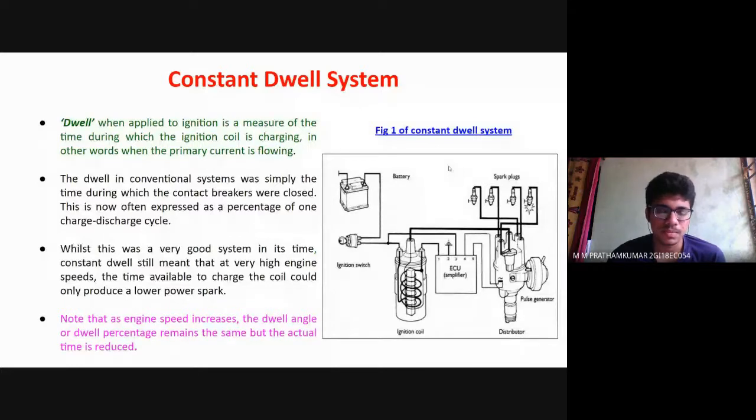Through this there will be a range of 12,000 to 22,000 volts, and it goes through a distributor to the four spark plugs, and the spark plugs turn on singly.